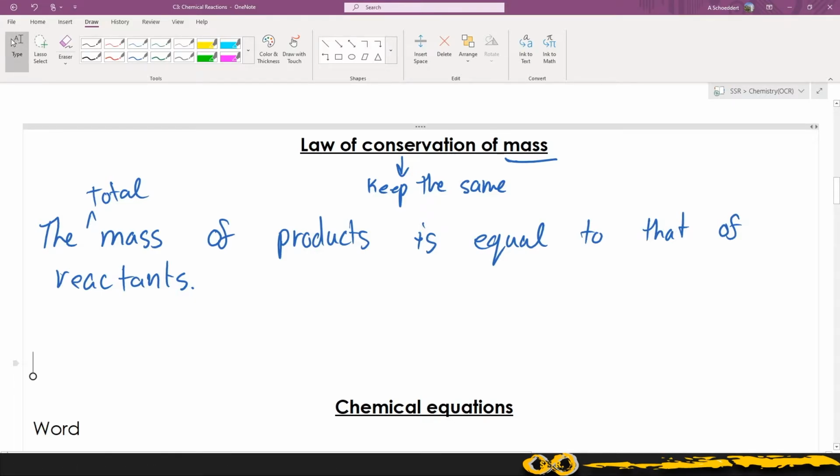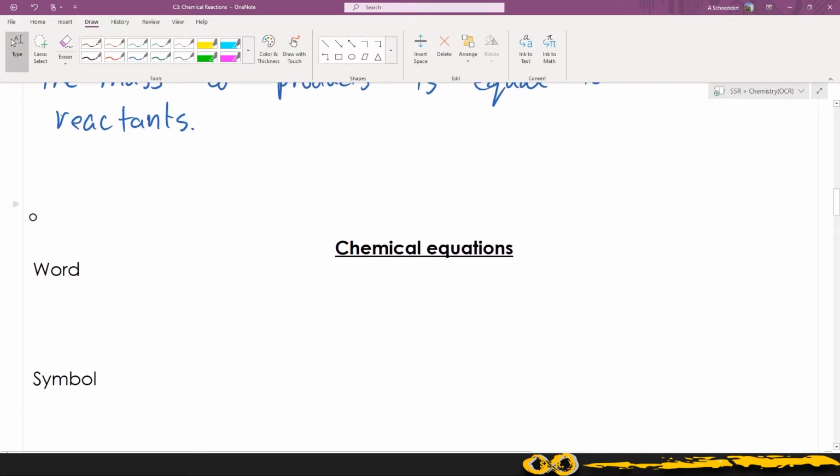We now have enough information that we can begin writing chemical equations. When we're writing equations, we will often write them in either word form or symbol form. Let's look at a quick example that we've used above, the production of lithium oxide.